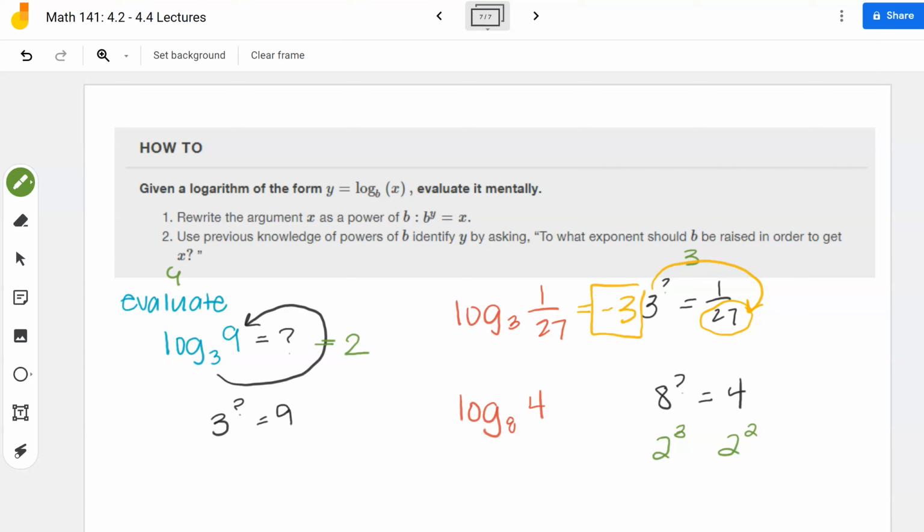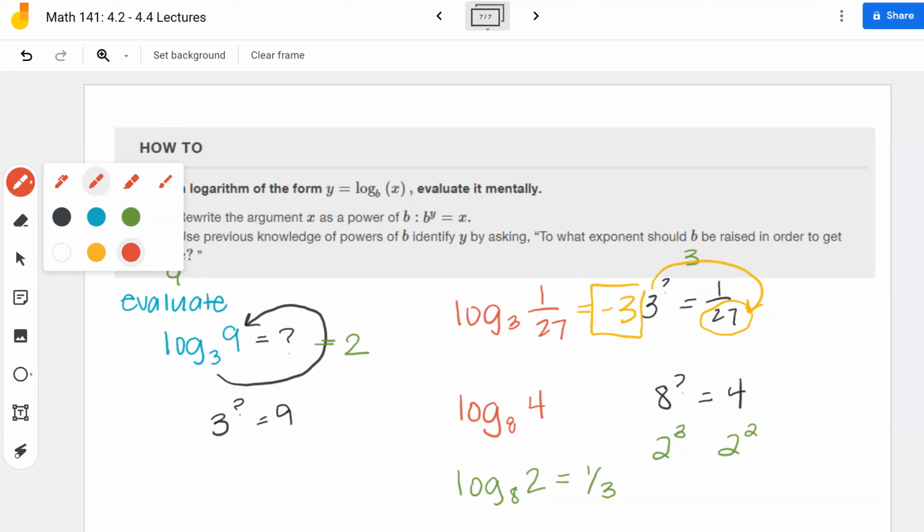In fact, maybe it would be easier if we started with log base 8 of 2. Well, I know that 2 is the cube root of 8, so this would be 1/3. Now instead of 2, I want this thing to be 4. So what power do I need to raise 8 to in order to get 4?